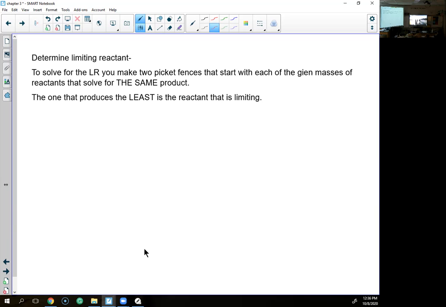The one that produces the least is the reactant that is limiting. Read that a few times. We make 2 picket fences that start with the 2 different reactants, but we solve for the same product.